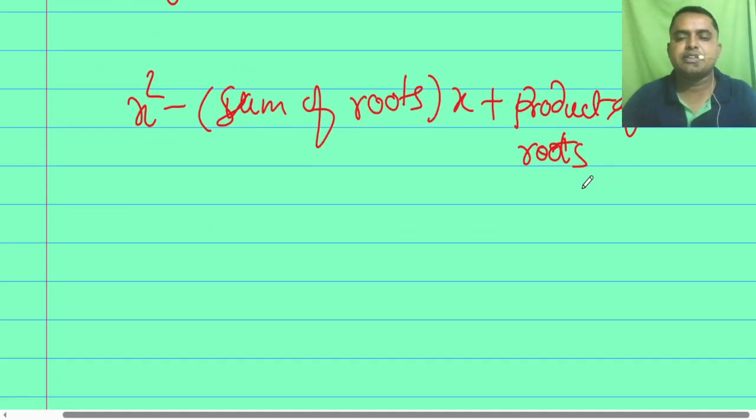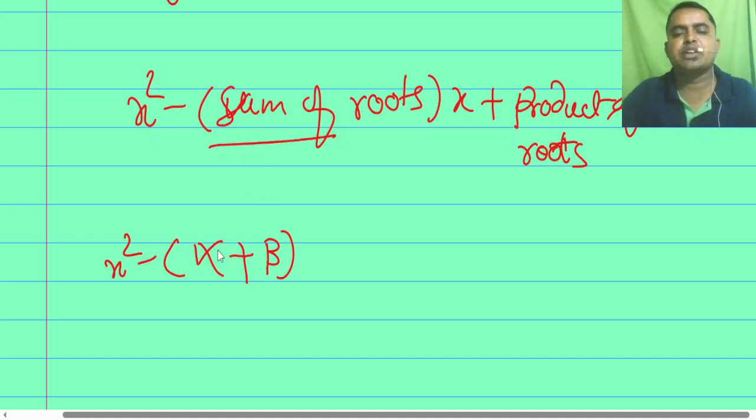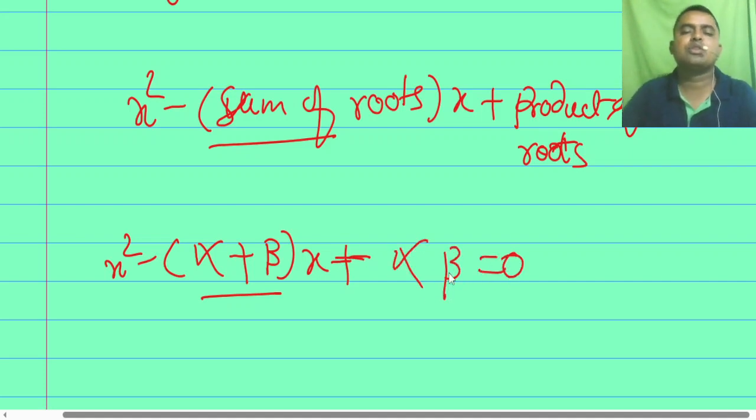That is x square minus (alpha plus beta) x plus alpha beta is equal to 0. So this is the formation of a quadratic equation.